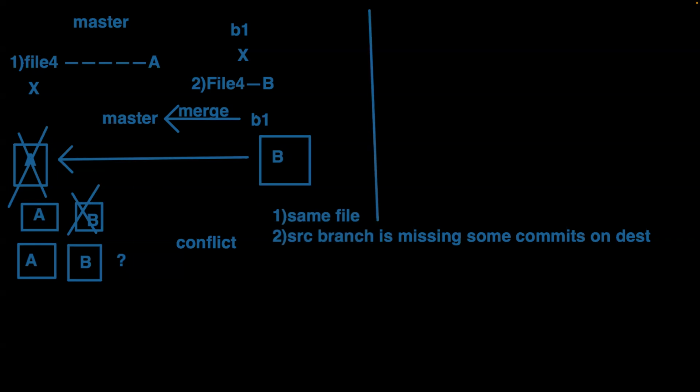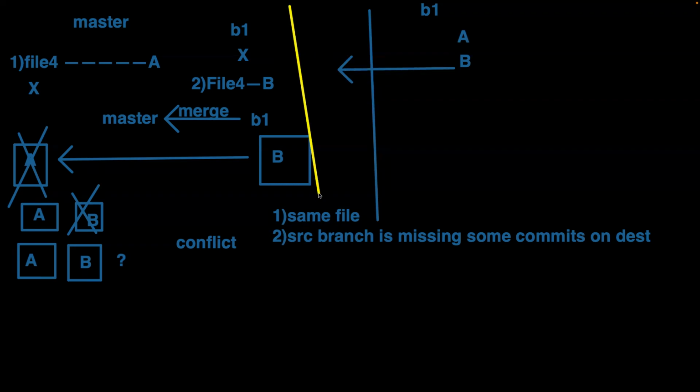See here, same thing. Let's say you have B1, but B1 is just a copy made from master. We just created this one here. Imagine now it has got this. If you are merging this to master, do you get a conflict? Do you think so? This is another use case.